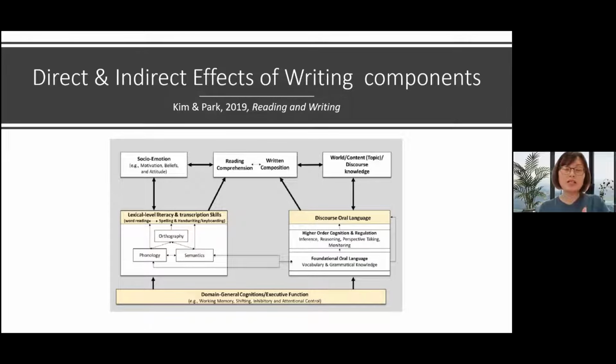Discourse oral language is engaging in, say, multi-utterance conversations, or your ability to listen. Like for now, you're engaging in listening comprehension, right? You listen and understand. Or your ability to listen to stories or informational text and understand it, or produce something. Right now, I'm engaging in oral discourse, oral language production.